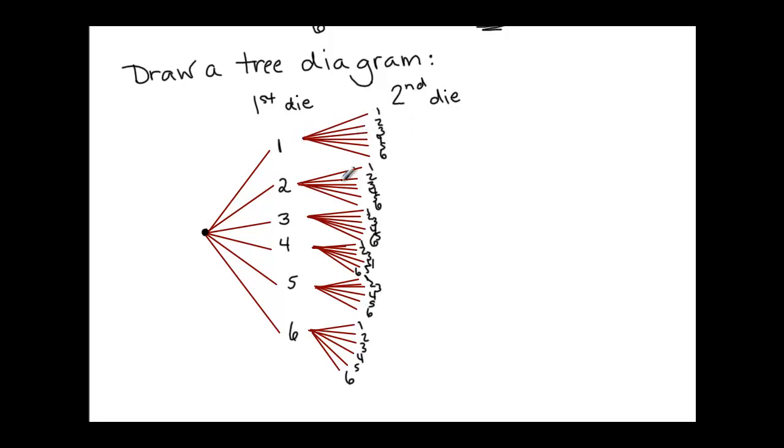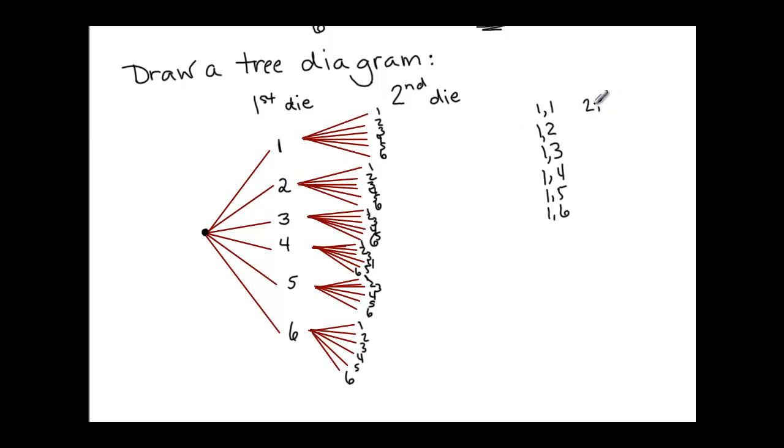So as you look at the tree, if we were going through and listing all of the different outcomes, you would first start at this branch, and we would have the outcomes of 1 and 1, 1 and 2, 1 and 3, 1 and 4, 1 and 5, 1 and 6. That would continue on to the second branch.